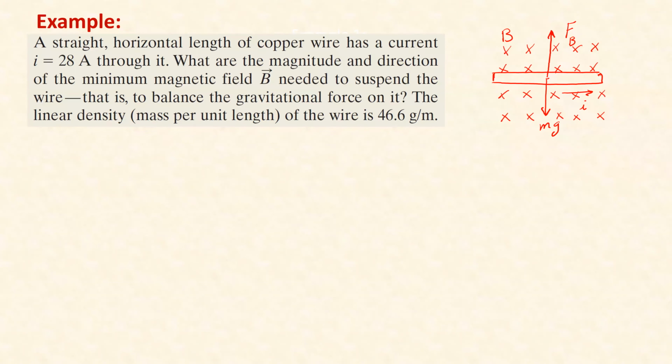All right, so we found out the direction. It should be perpendicular to the wire, into the page in this case. And now what is the magnitude of the magnetic field needed? So what is the B magnitude?